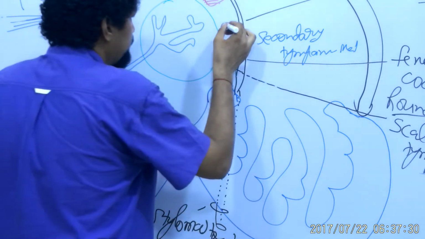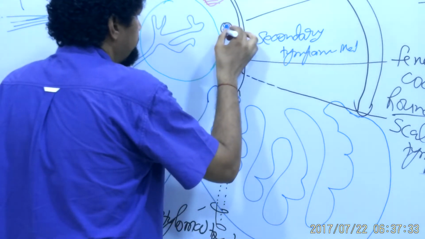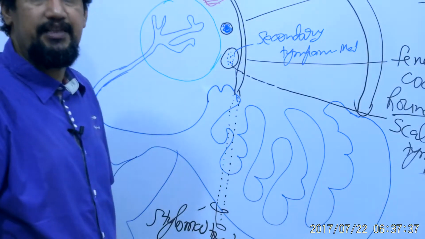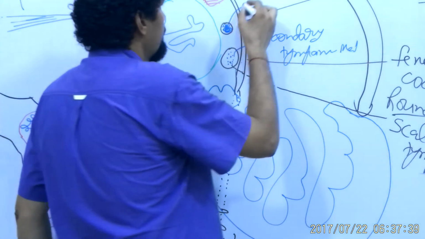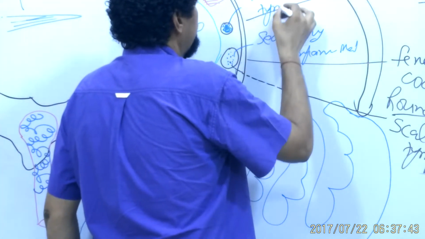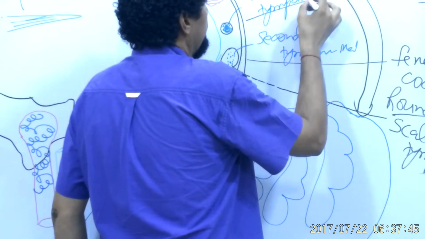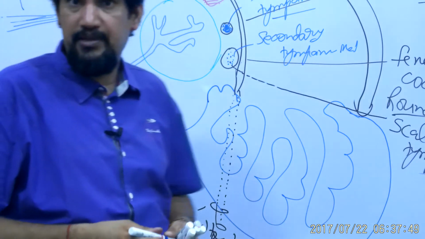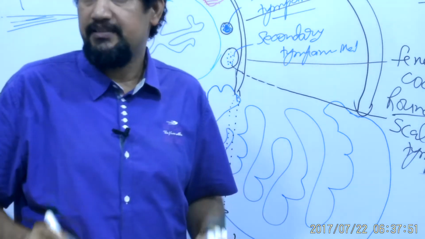We can see small depression here. This small depression is known as sinus tympani, and this sinus tympani is the depression of the ampulla of the posterior semicircular canal.